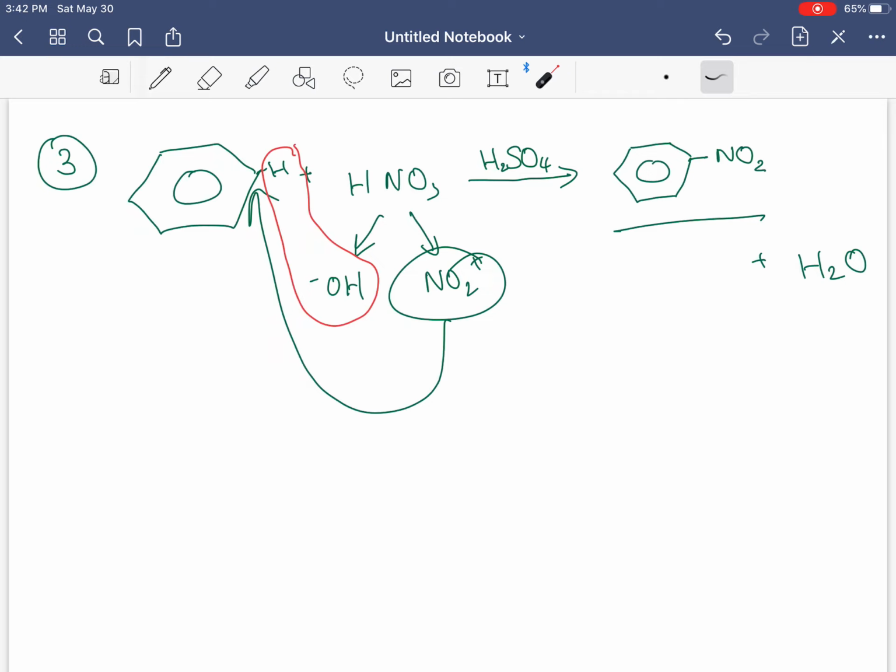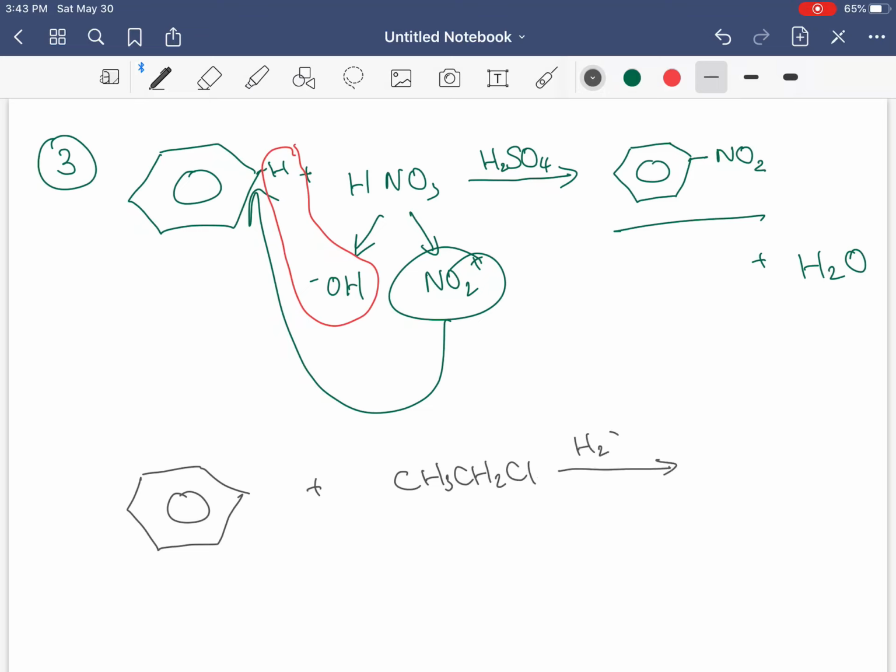Anyway, that's substitution. So here's another type of substitution. I have a benzene reacting with an alkyl halide. Oh, sorry, this is not an acidic condition because it's not hydrogen nitrate. It's a halide, so therefore it's a chlorine halide, so I have to make sure that the chlorine stays.